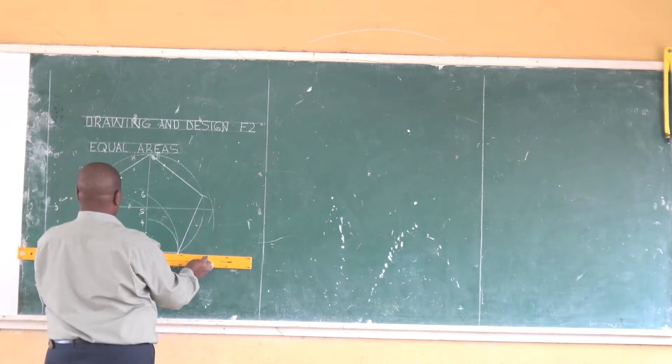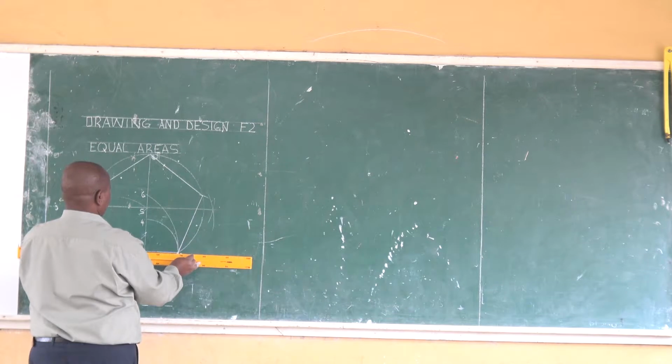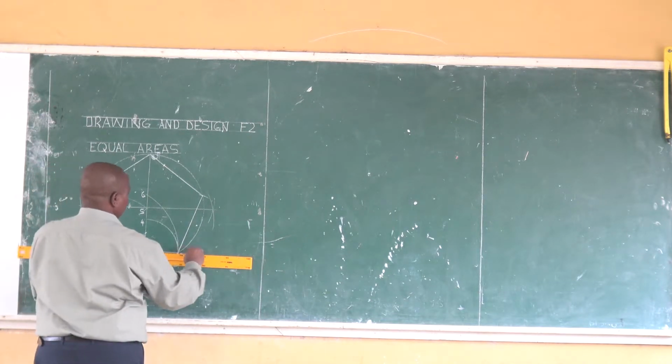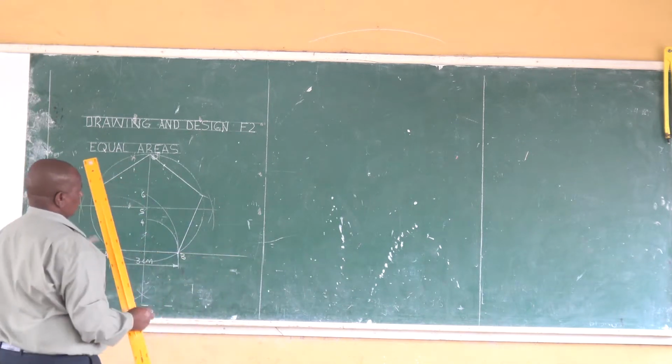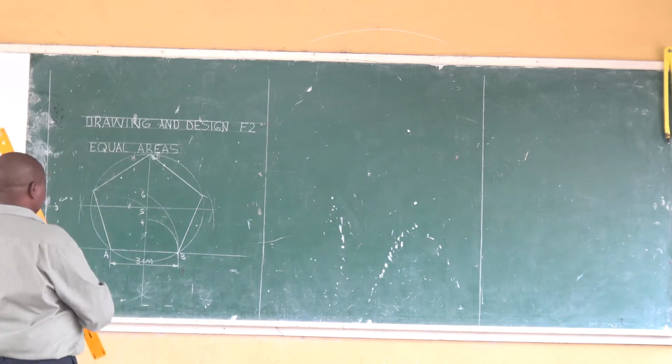Produce line AB. Remember that production of a line in engineering drawing as well as mathematics really means elongating the line or extending it.